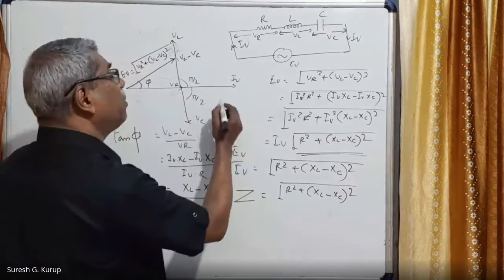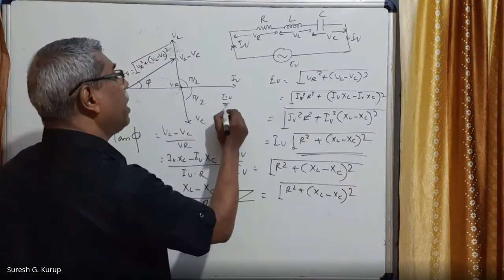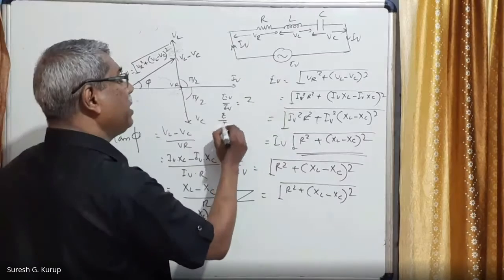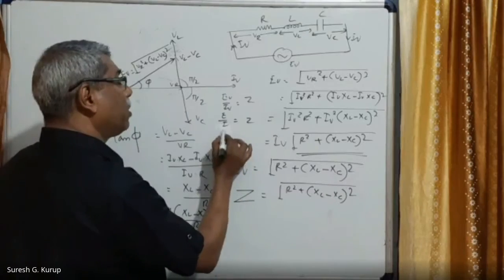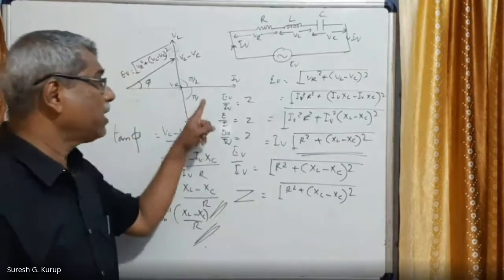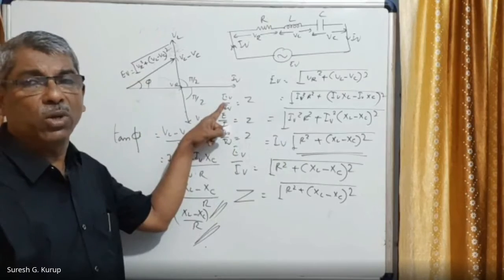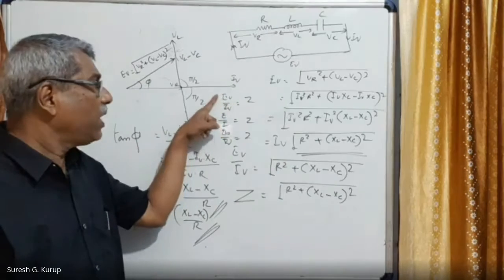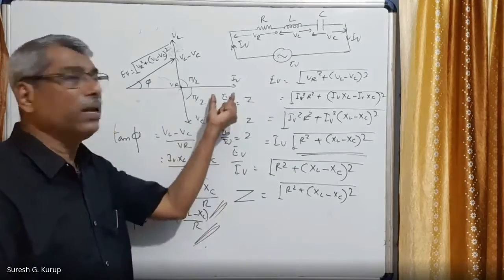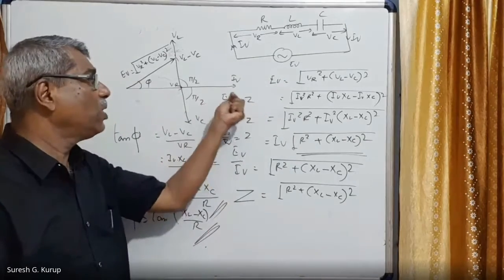EV by IV is equal to Z, or E by I is equal to Z, or E0 by I0 is also equal to Z only. When you use virtual current and virtual voltage, Z is equal to EV by IV.